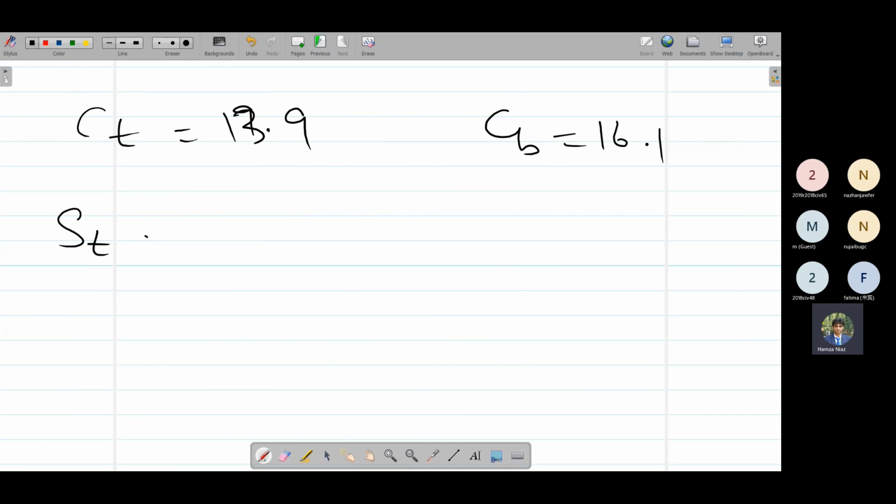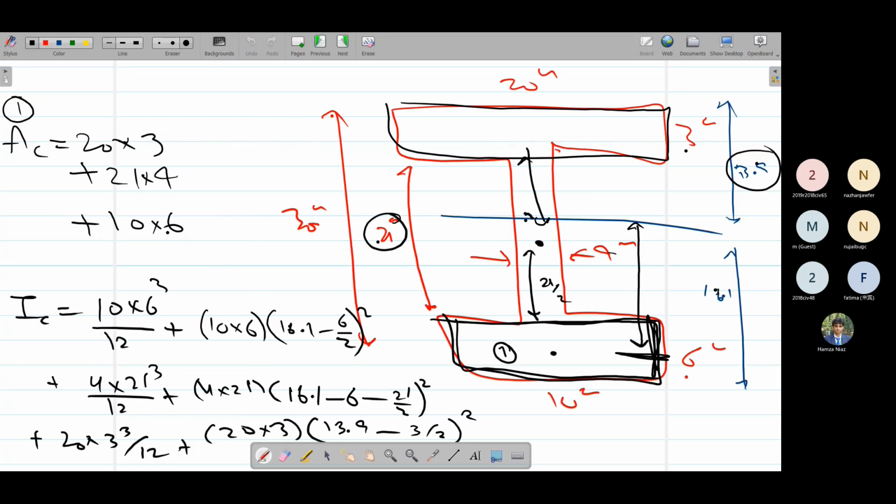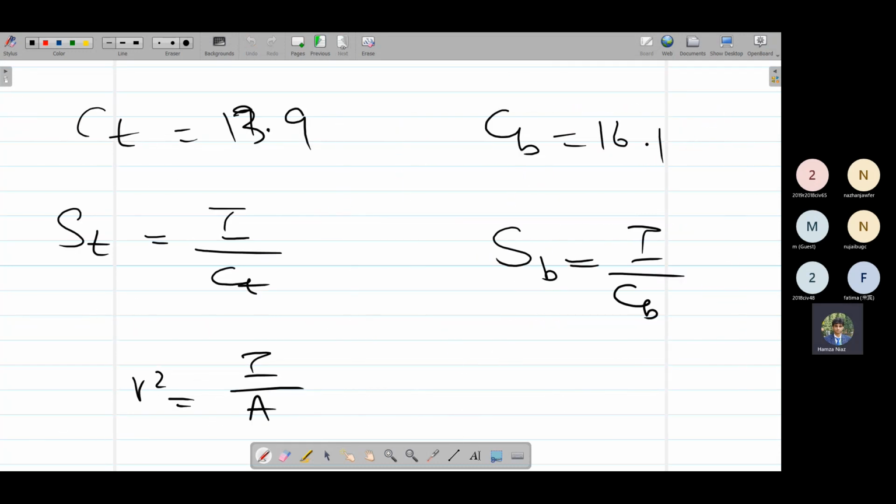Section modulus at top fiber, ST, would be I over CT. Similarly, section modulus at bottom would be I over CB. And of course r square would be I over A, the square of the radius of gyration.